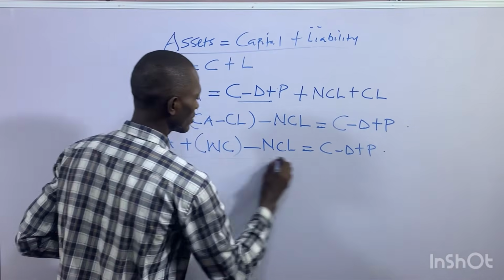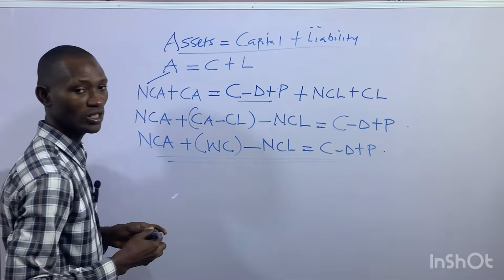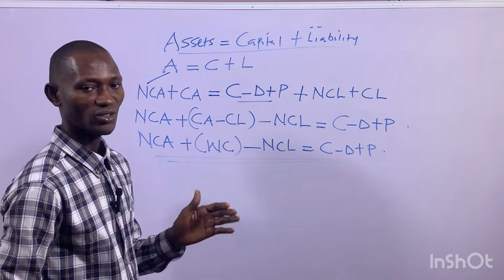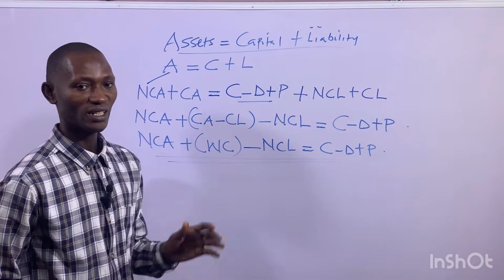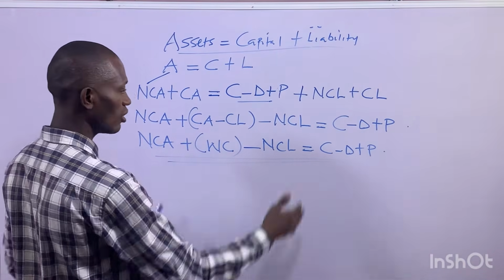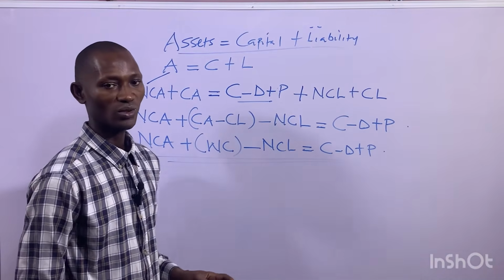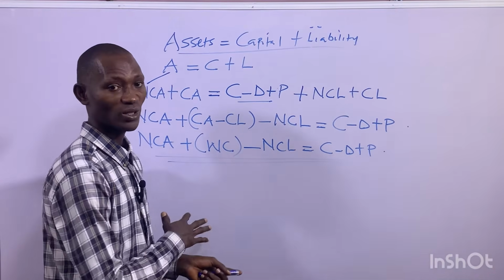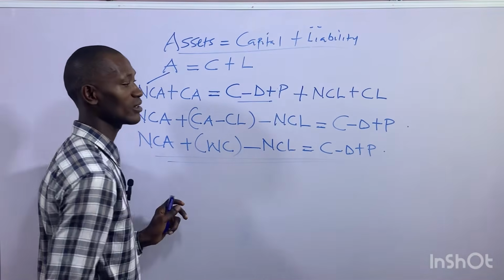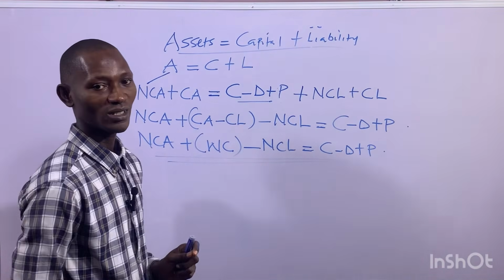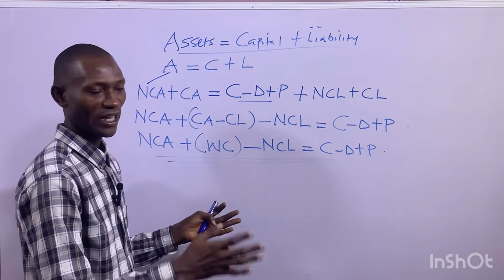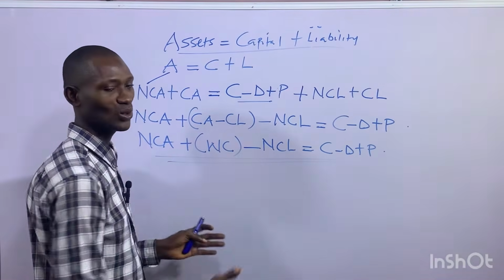So this is the accounting equation which gives birth to the preparation of statements of financial position, which is the same thing as balance sheets. So this is what we are going to be using to draw the statement of financial position of the business. So let's do that together now. So what you're going to do now is put this somewhere so that by the time we finish drawing the statement of financial position, you will have to kind of compare if the two align.